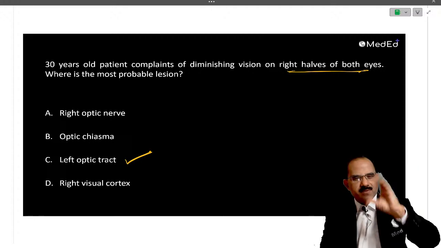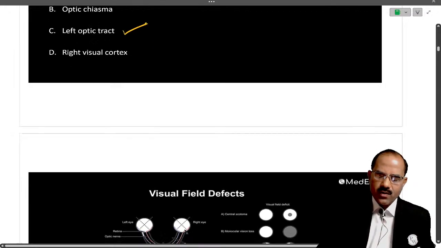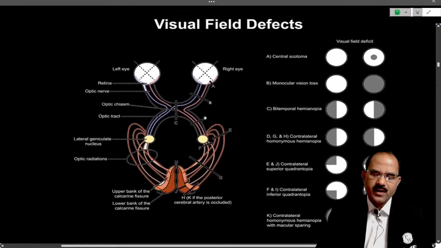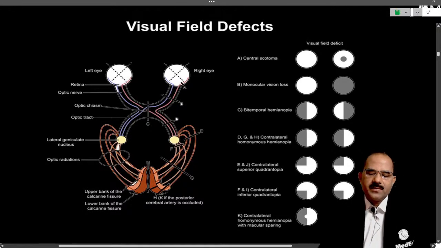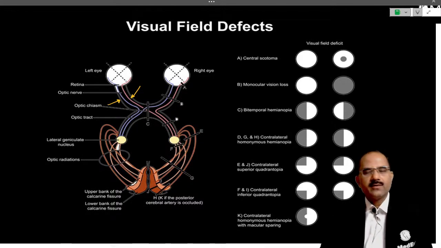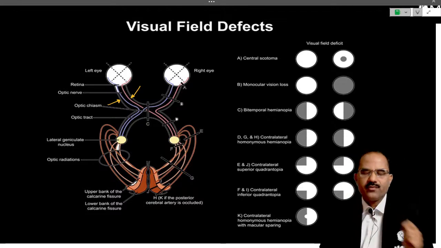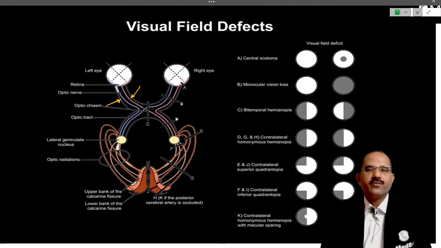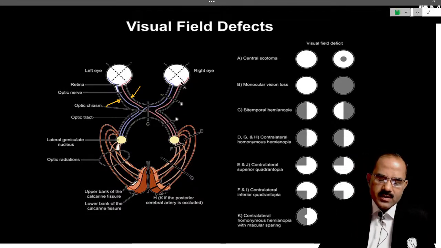Let us understand the lesions of the visual pathway. That's the visual pathway. These are the nasal fibers, the fibers coming from the nasal field of vision, and this is the temporal field of vision. This is the optic nerve.